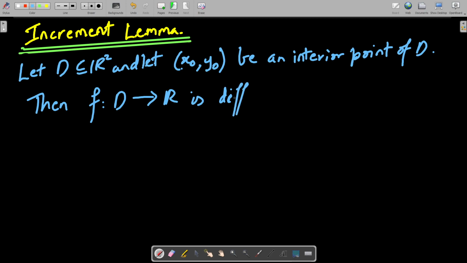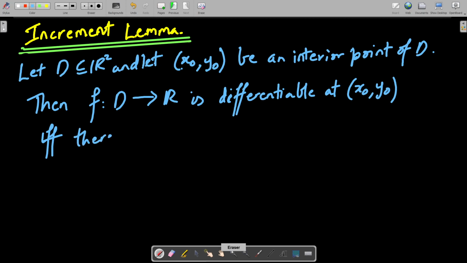Is differentiable at x0 y0 if and only if there exist, we have two variables now, so we require two functions.